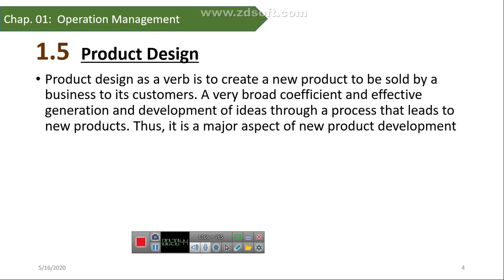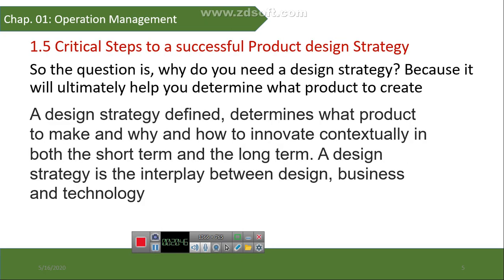Now, let's do the critical step to a successful product design strategy that we have discussed, even the three modes in your slide. The question is, why do you need a design strategy? Because it will ultimately help you determine what product to create.